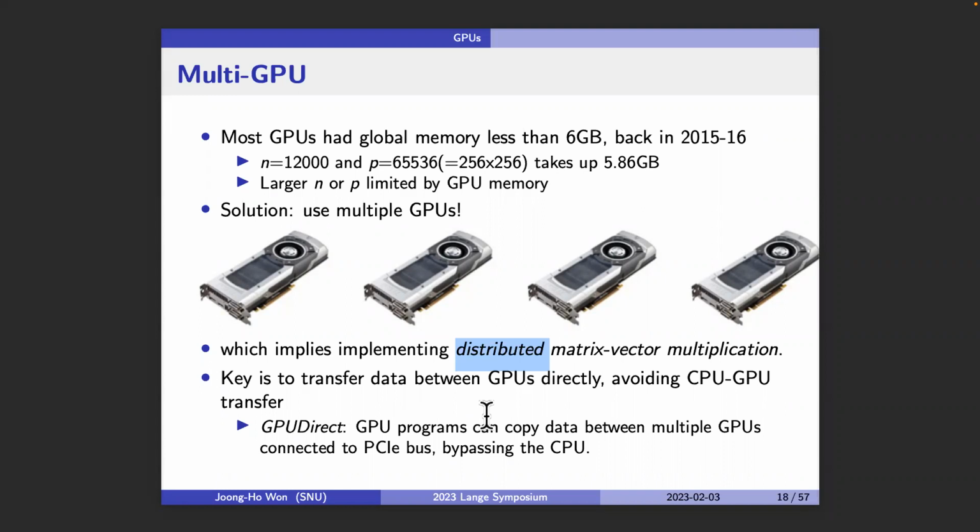So you need to avoid that as much as possible. And fortunately, back then, there was a new technology called GPU Direct that lets GPUs basically communicate without the meddling of CPUs. So GPUs connected to the same, say, PCI bus can bypass the CPU. So that was another savior for my project.